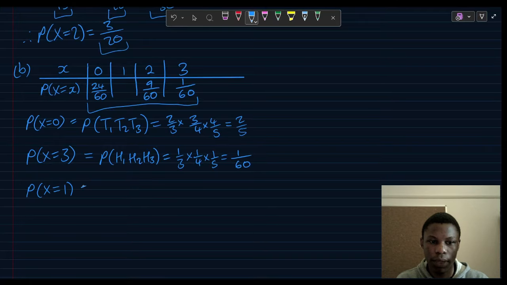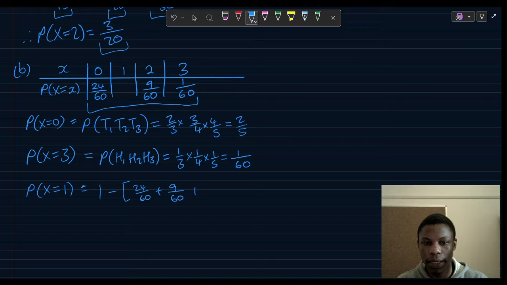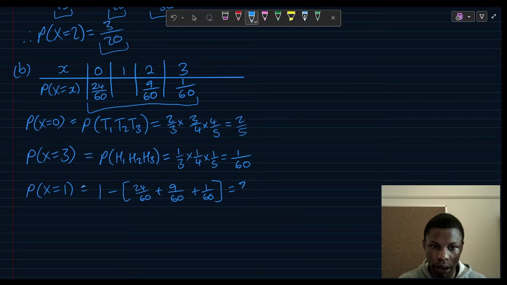The probability that x is 1 is going to be 1 minus 24 over 60 plus 9 over 60 plus 1 over 60, that's 26 over 60. And this here would be our probability distribution table.